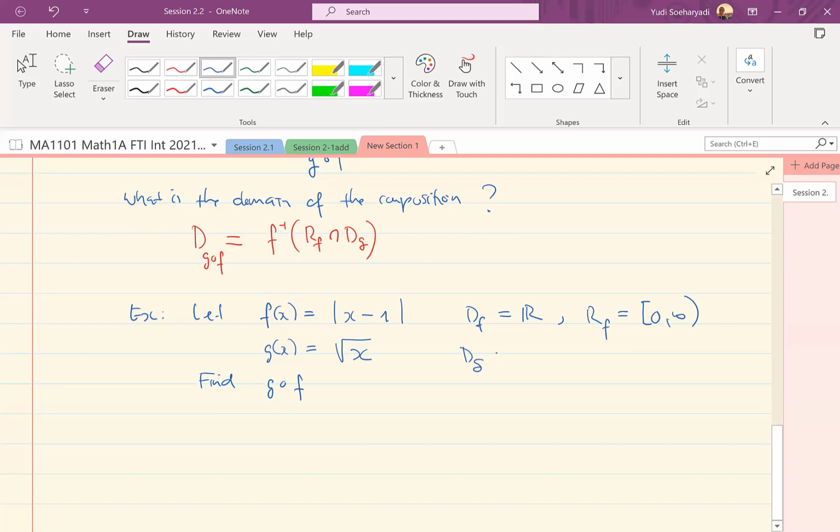All right. So then the square root puts restrictions. You cannot put negative numbers. Right? So there we go. And similarly, this is also the range.